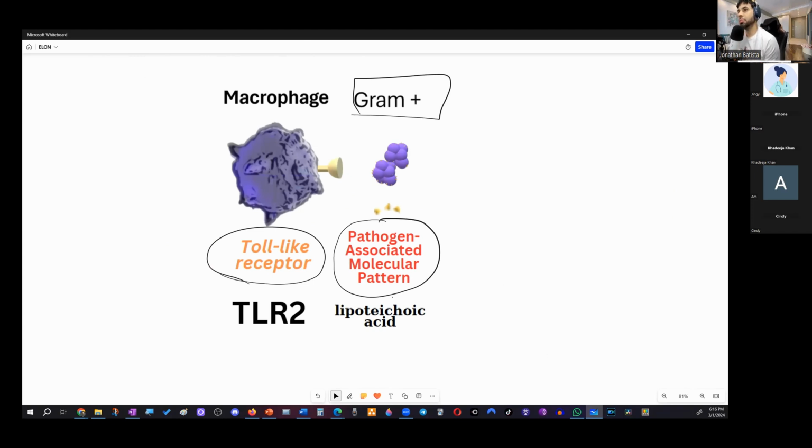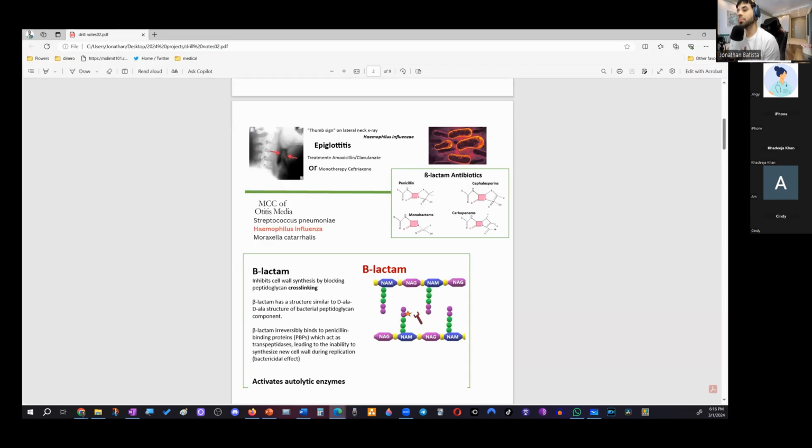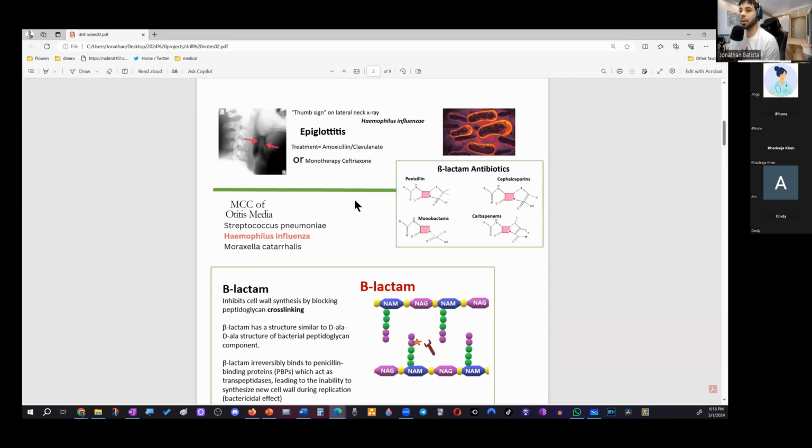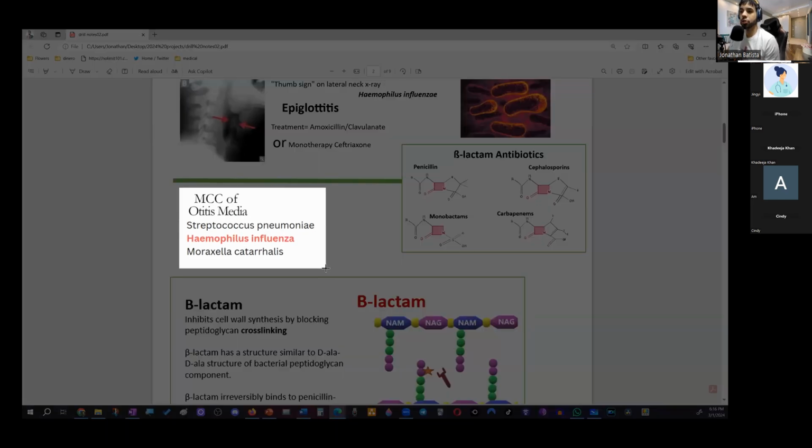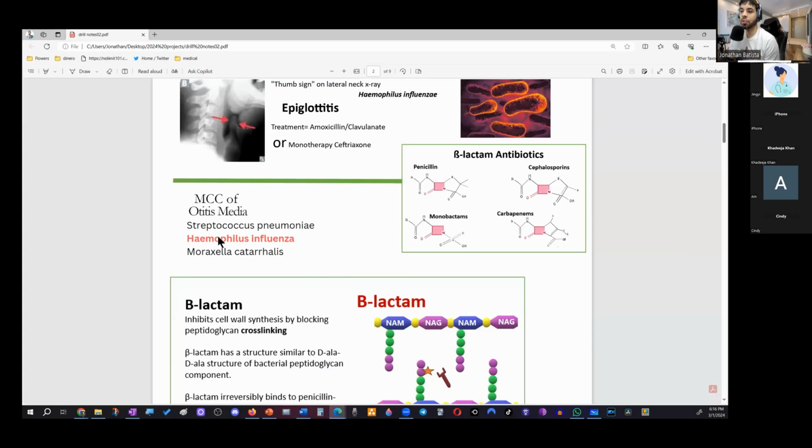Okay, so let's keep jumping around with what we have when it comes to our notes. Something I did include here was the most common cause of otitis media, Streptococcus pneumoniae. Notice that's encapsulated. Haemophilus influenzae, notice that's encapsulated, but not this type. This type here doesn't really need to be encapsulated. The non-typable can cause this problem.